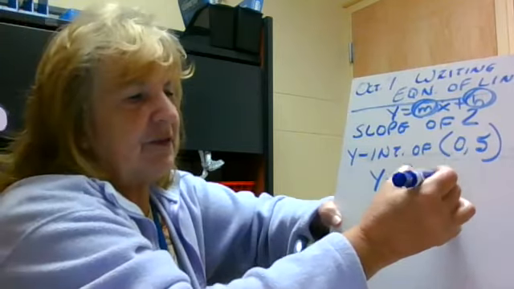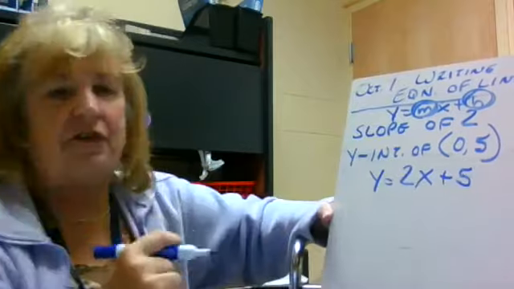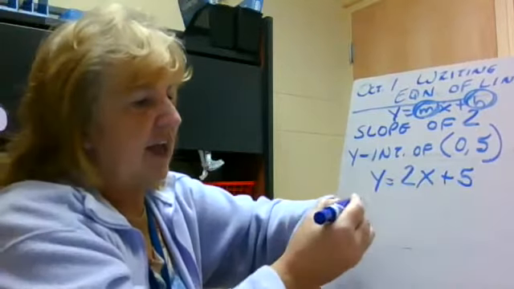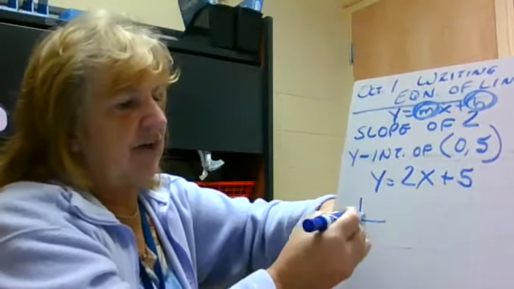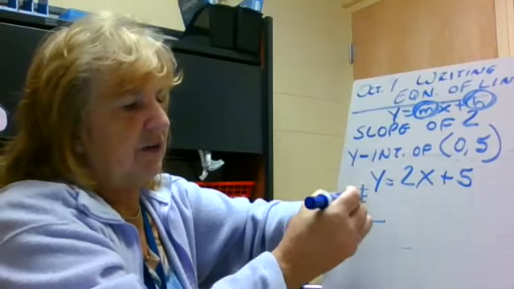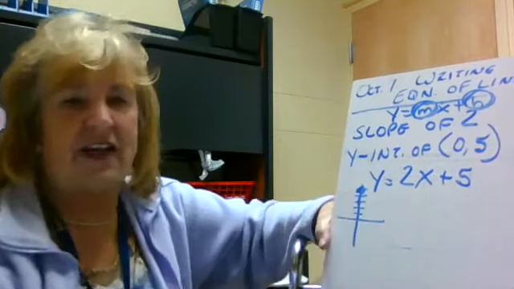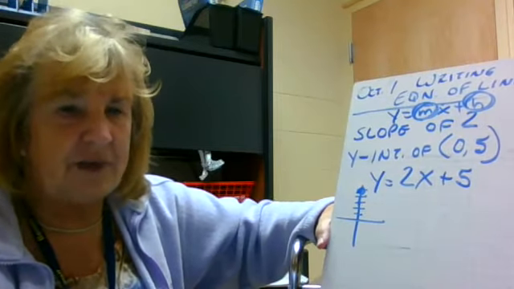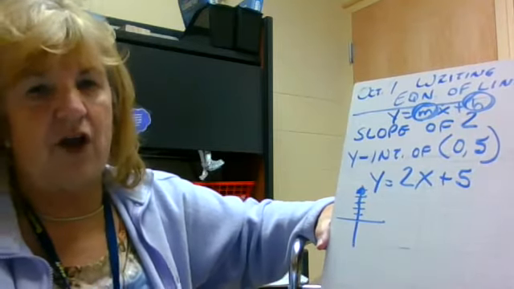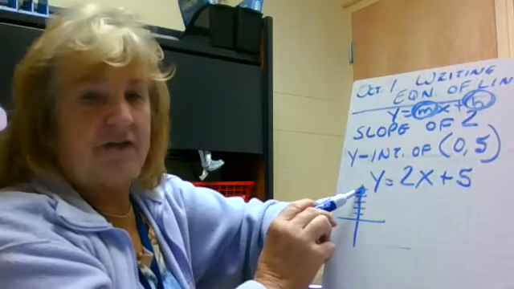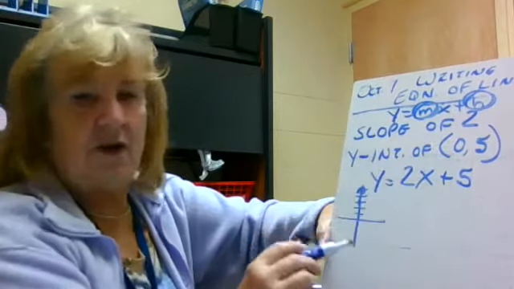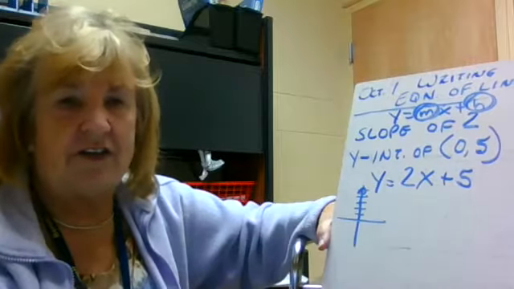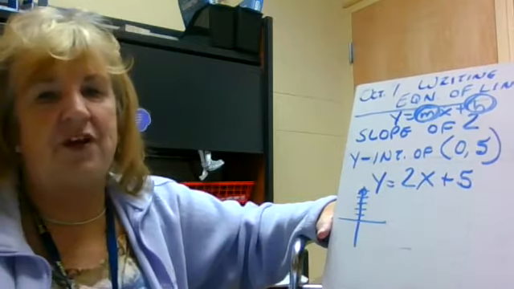This y-intercept is 5. Now, if you think for just a second and you visualize it, the point 0, 5 is right there. That's on the y-axis. That's what it needs to be in order to be a y-intercept. So I just want the 5. I don't want the 0. I just want the 5 because it crosses at 5. So there's the equation of my line.